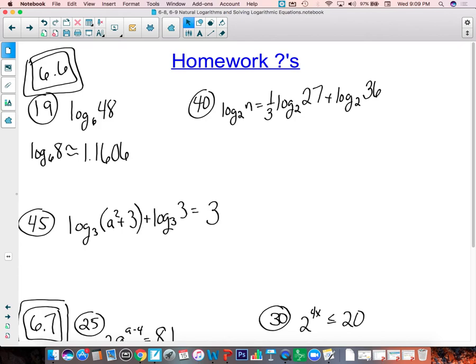So the first one we're looking at, I guess it's lesson 6.6, it's number 19, okay? That was the one where they gave you log base 6 of a number or log base something of a number, and you had to use the two logarithm values that they gave you to figure it out. All right, so I think they gave us log base 6 of 8 and then log base 6 of 9 for this one, maybe.